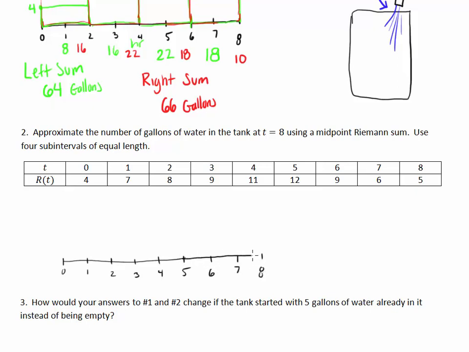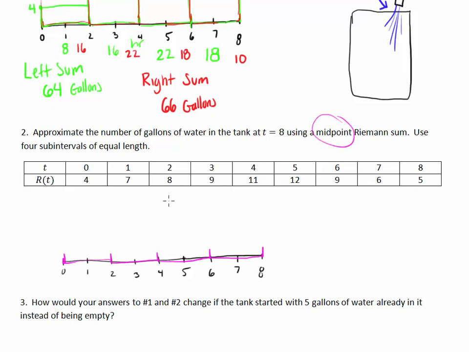There's a little number line. This really horrible line. It's all right. And we are breaking this up into 4 equal pieces again. So 1, 2, 3, 4. And this time we're doing a midpoint sum.